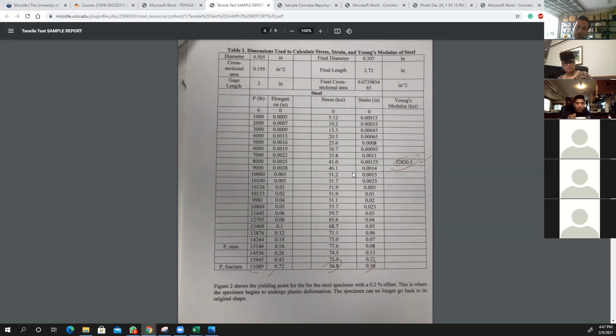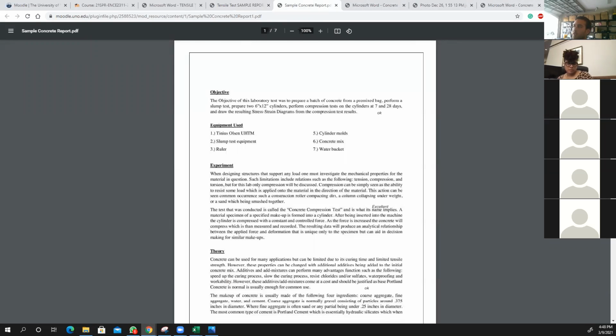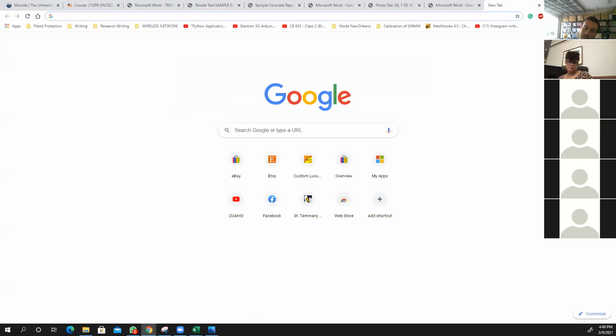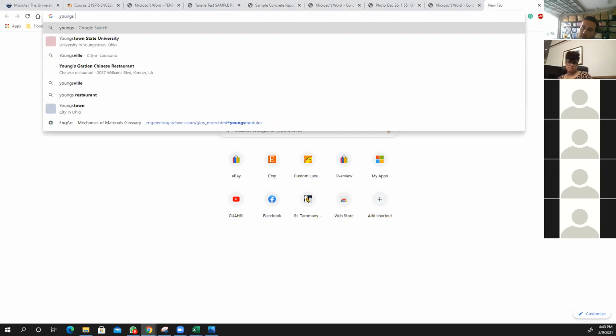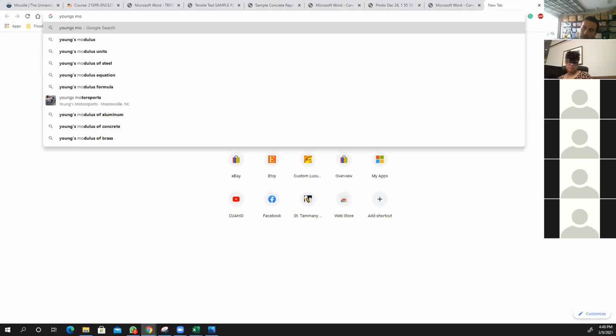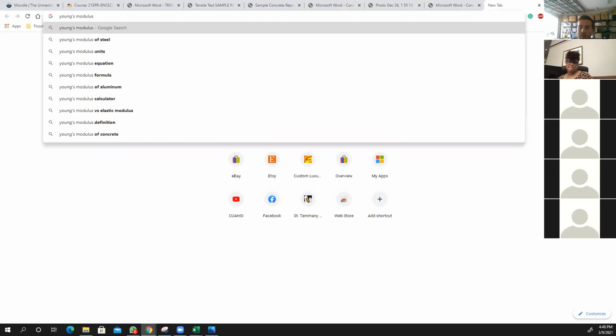But in theory, we assume it is the same. So you should have only one Young's modulus. If you type what is Young's modulus for steel, it's going to come up 29,000 KSI, because there is only one Young's modulus for steel.